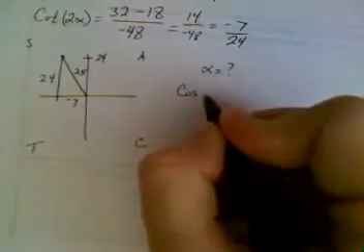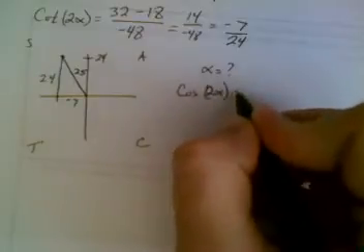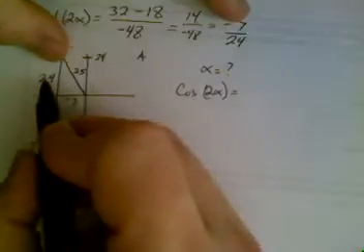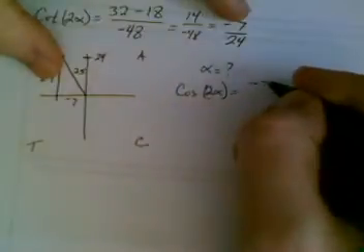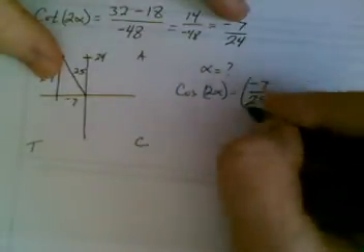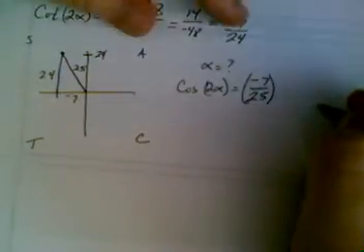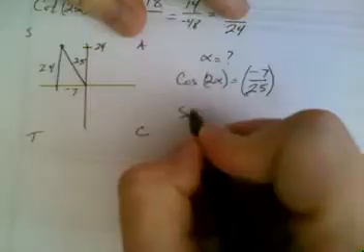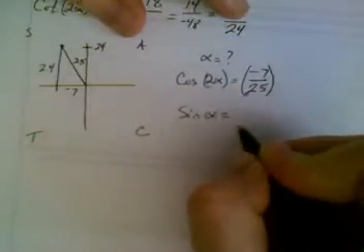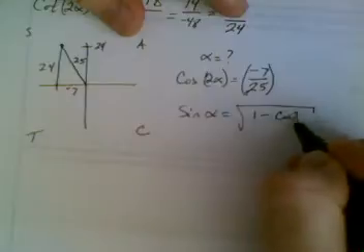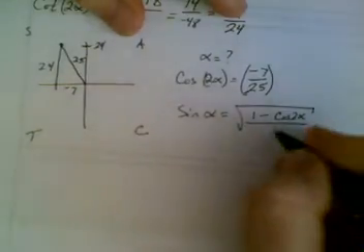I know that the cosine of 2 alpha is actually equal to adjacent over hypotenuse, negative 7 over 25. That's going to be helpful, because when I use my half-angle identities, the sine of alpha is equal to the square root of 1 minus the cosine of 2 alpha, divided by 2.